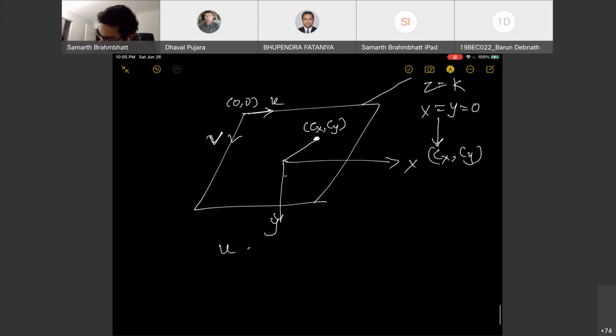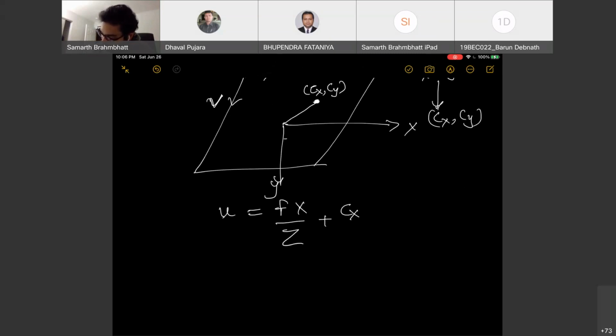But in our equation, we just had this. So if my x equals 0, my u becomes 0. So therefore, we need to add this number Cx over here. And similarly for v. So this is an offset.